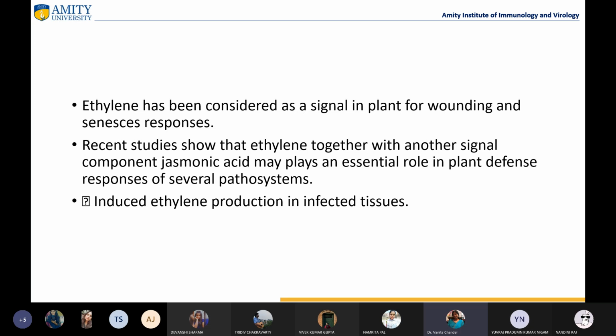Their main purpose is to invade and multiply as much as they can. But on the other hand, the plant is trying to stop it, and will do whatever it takes to stop this pathogen.